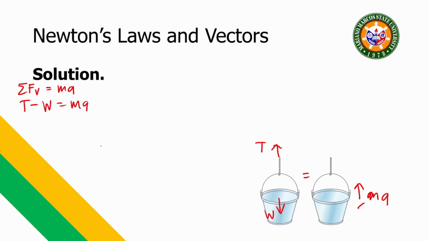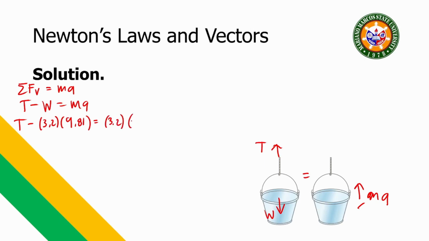So, substitute natin, T minus W. W is 3.2 kilogram multiplied by gravity 9.81 meter per second square is equal to mass nung ating bucket, 3.2, multiplied by the acceleration.